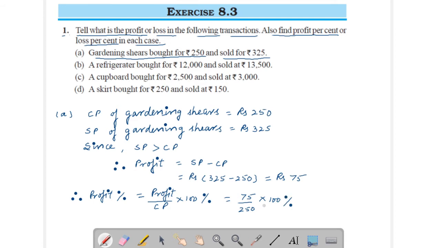Now simplify it by 25. 25 tens are 250, 25 fours are 100. Now cancel by 2. 2 twos are 4 and 2 fives are 10. Then by 5. 5 ones are 5 and 5 threes are 15. You will get 30%.